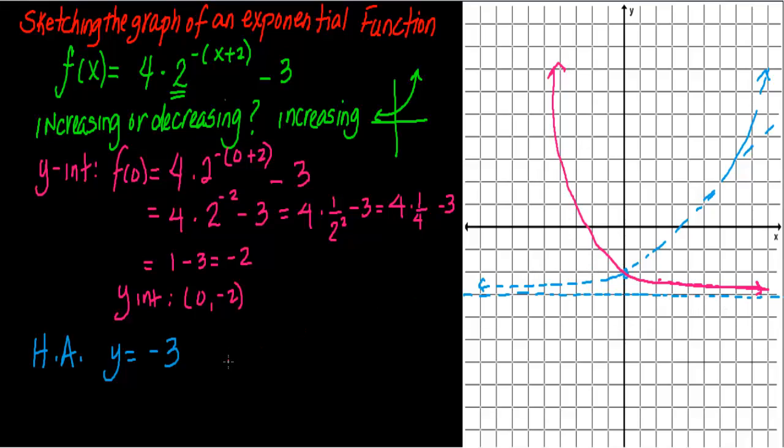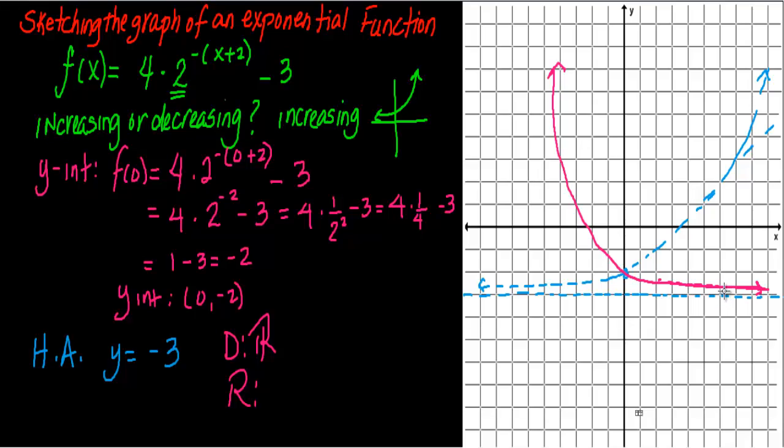Now let's talk about domain. The domain, again, is all real numbers because any x works for this. And your range, remember, we sweep back and forth: no graph, no graph, no graph, no graph. All of a sudden I hit my graph. Where do I start hitting my graph?